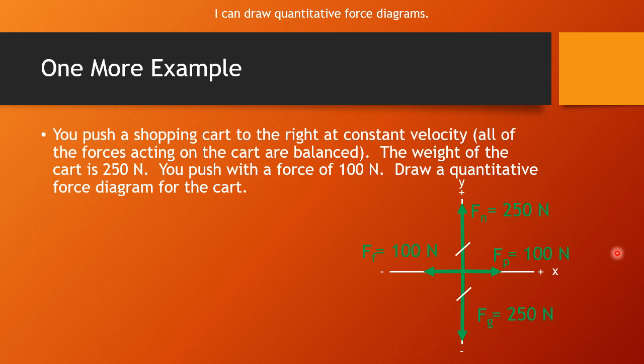And again, because we have the same size of force, I need some equality marks. I've already used a hash mark here, so I'm going to use a different shape. Looks like I chose to use a circle here. You could use a different shape if you wanted, but I will put a circle on those two force vectors to show that they are the same size. And that quantitative force diagram is done.